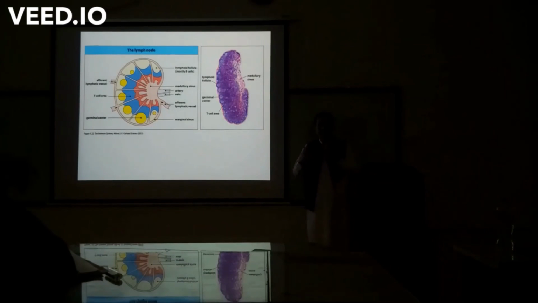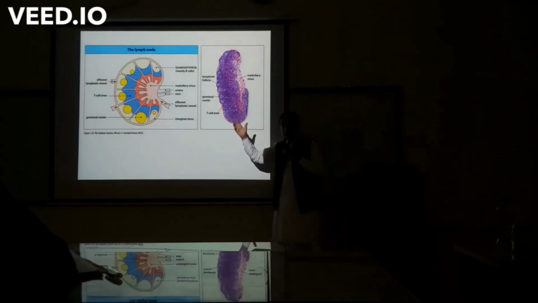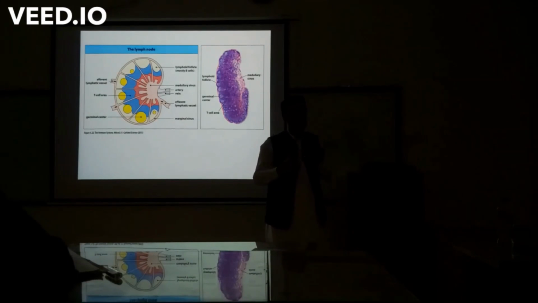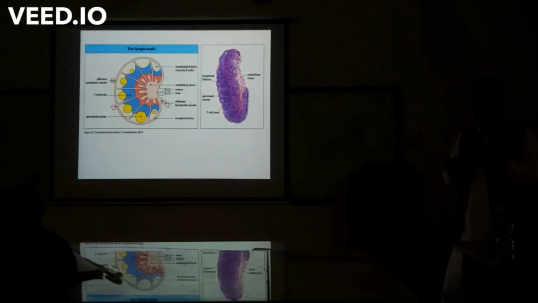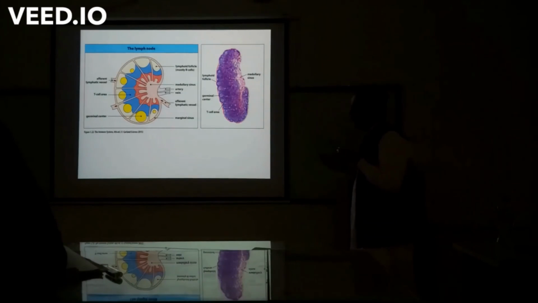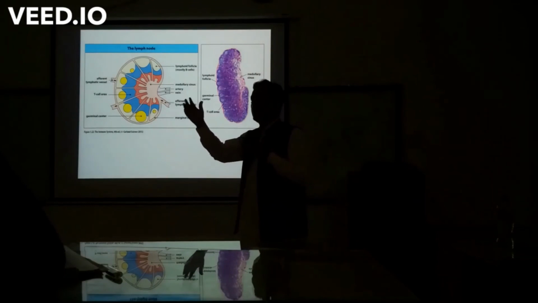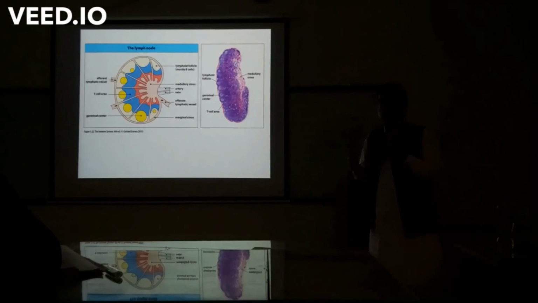Now the body needs only the type of cells which have detected the pathogen. These cells would be produced in greater number. We call it the clonal expansion of these cells, because the threat is there, the threat has been detected. The rest of the cells, millions of different types of cells, B cells and T cells, are not required.